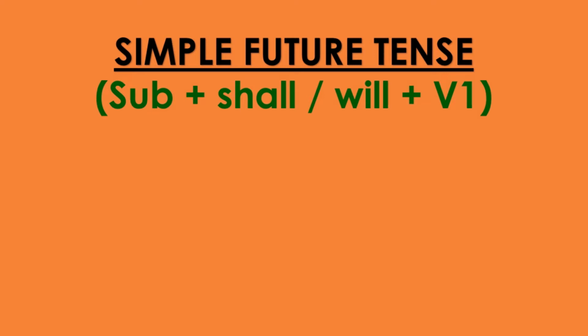And so far as the construction of a simple future tense is concerned, it begins with a subject followed by either shall or will, whichever is applicable according to the subject, and finally will come the first form of the verb, that is the present form of the verb. Here V1 refers to the first form of the verb. Let us look at some of the examples here.